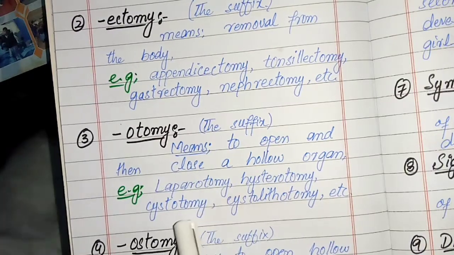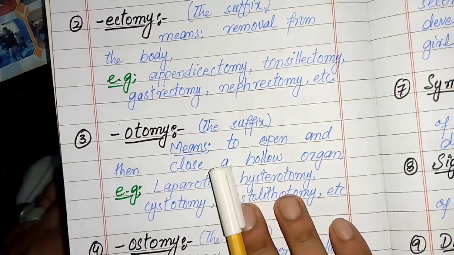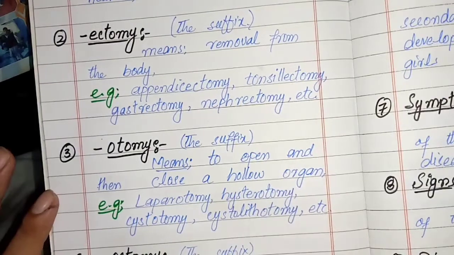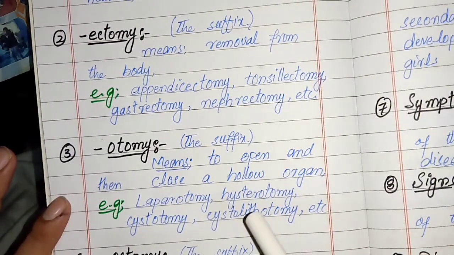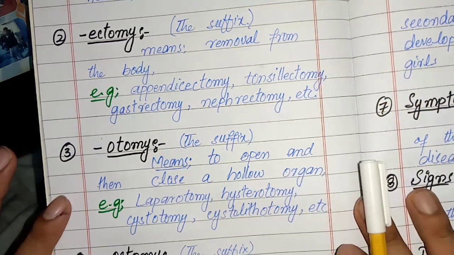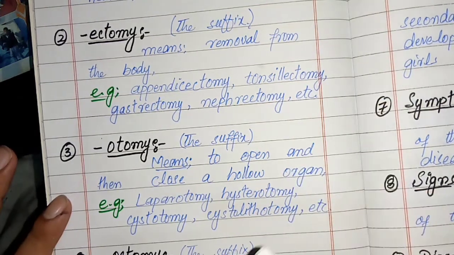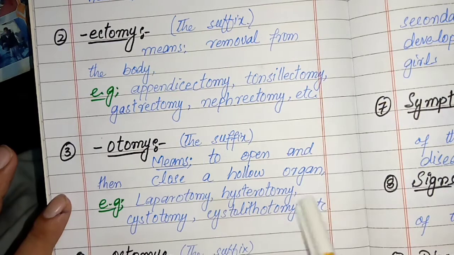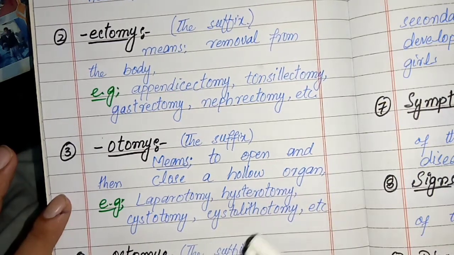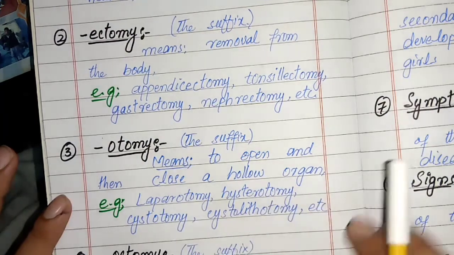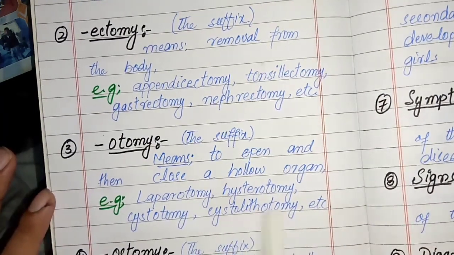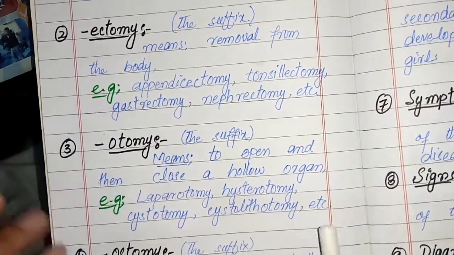They make the incision and then close it. Cystolithotomy is the surgical removal of bladder stones through a lower abdominal incision. These are examples of this related term.